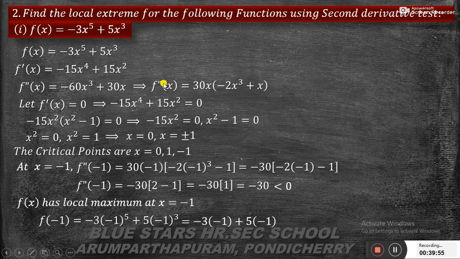In the next step, f double dash of x, we take the common factor from the two terms. Here the common factor is 30x.